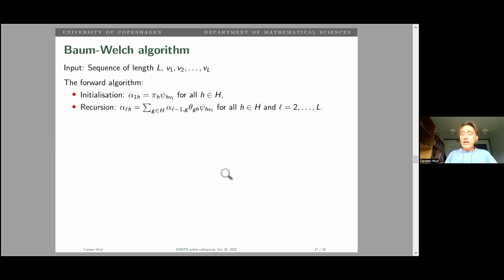I will now briefly explain how the Baum-Welch algorithm works, but I will not go into too many details, because then we just drown in the details and don't get to where I want to go. I will focus mainly on the forward algorithm. The forward algorithm has 2 steps, an initialization and a recursion.